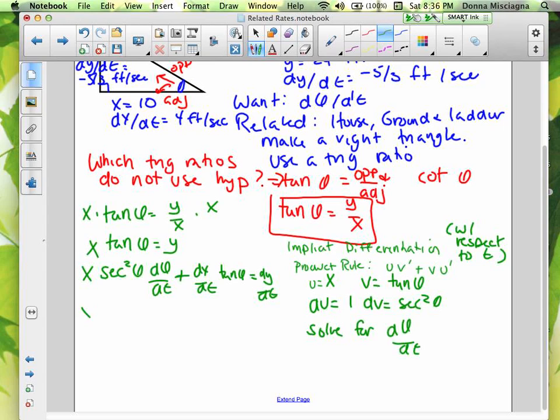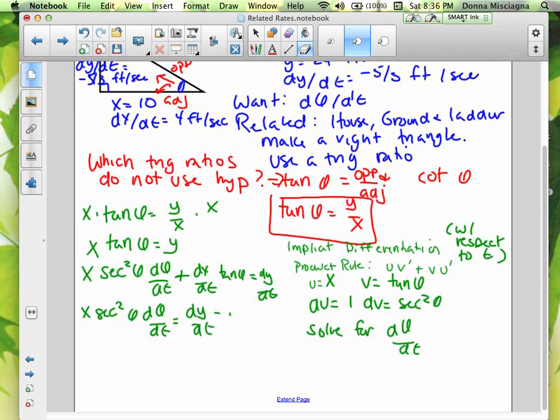So we've got x secant squared theta d theta dt equals dy dt minus dx dt tangent theta.